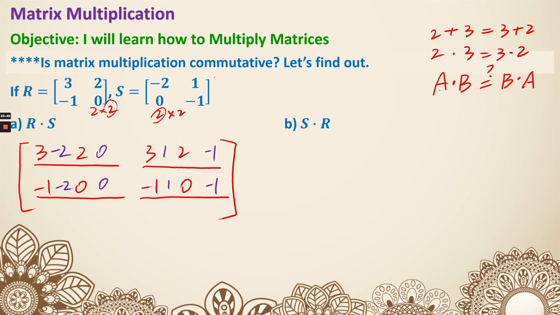Lastly, multiply, add, multiply, add, multiply, add, multiply, add, and that will give you an answer of -6. Then 3 minus 2 is a 1, and then it's a 2, and then it's a -1.